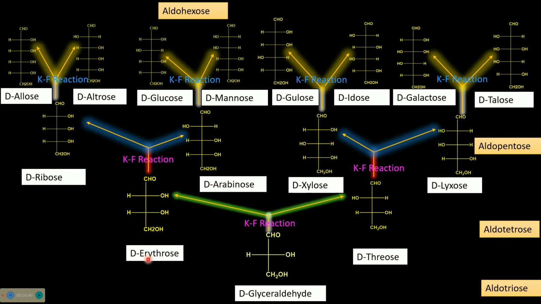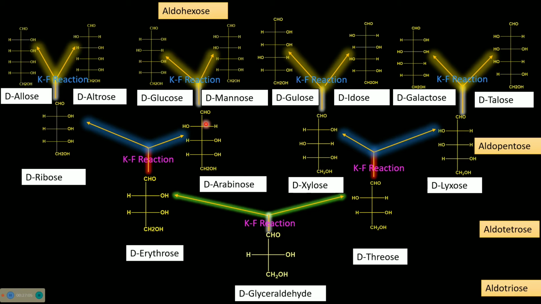So we can say D-erythrose, which is an aldotetrose, upon Kiliani-Fischer reaction will give two higher homologues, that is two aldopentoses, D-ribose and D-arabinose. We also say here that D-ribose and D-arabinose are C2 epimeric in nature.